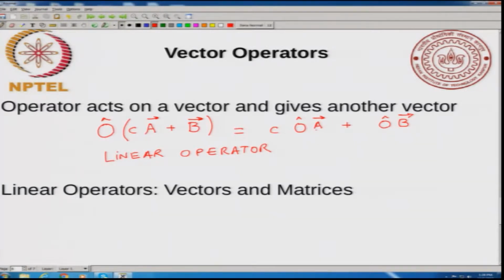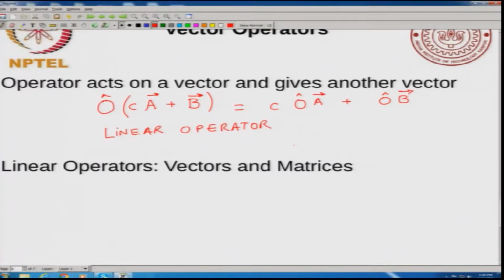Linear operators are extremely important in quantum mechanics. In fact, a large part of the formulation of quantum mechanics is based on linear operators. But there is something else about linear operators. There are only certain kinds of transformations that are linear.